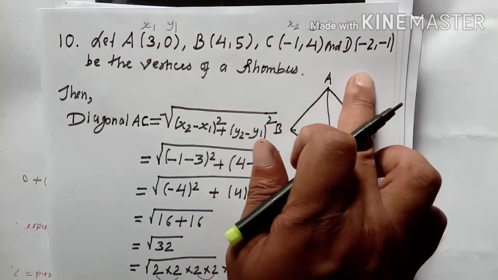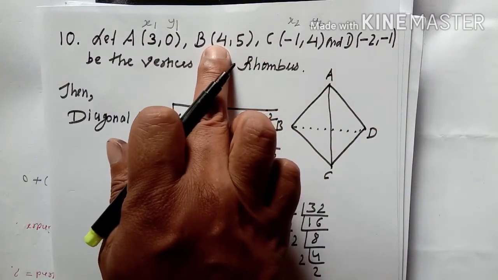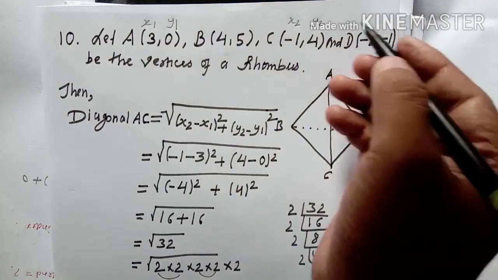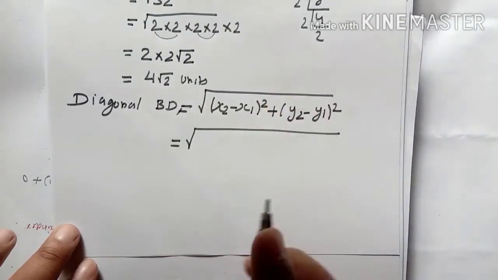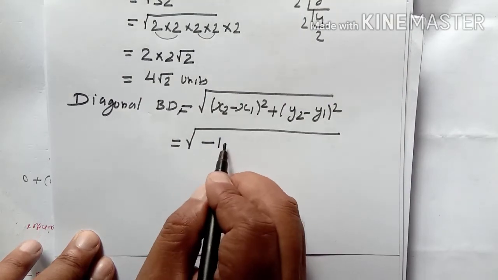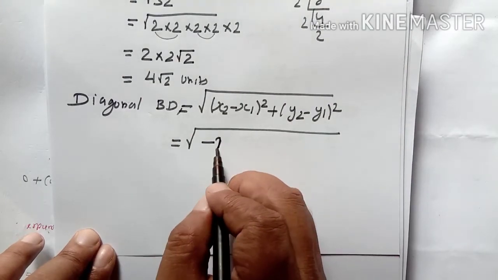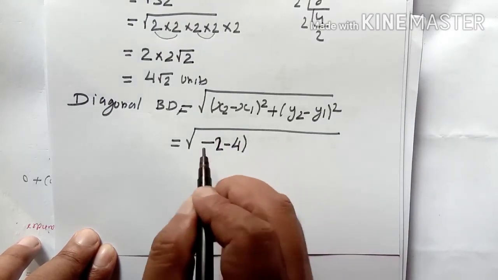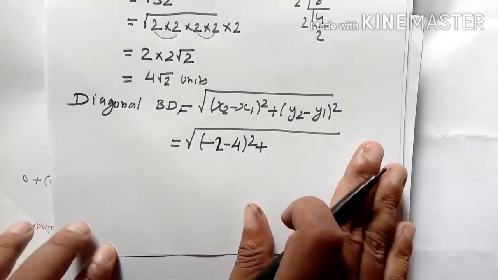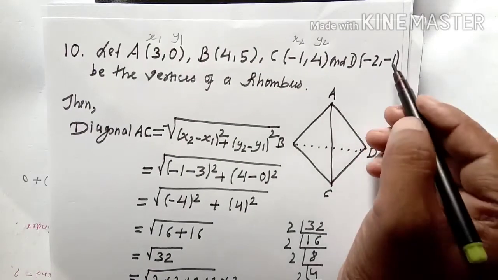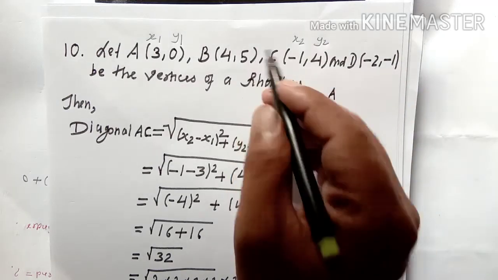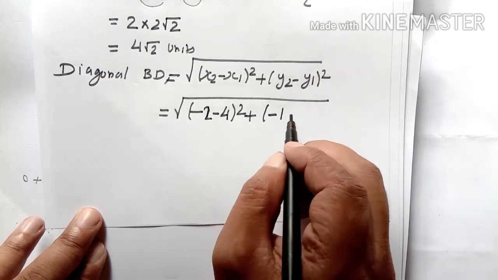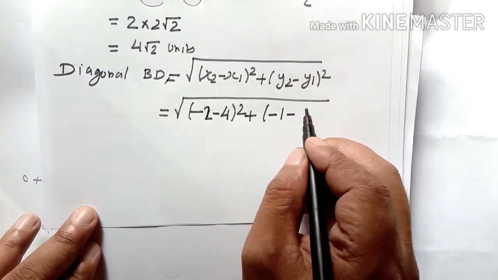For BD, this will be x1, y1 and x2, y2. So x2 is minus 2, minus x1, which is 4, the whole square, plus, for the y value, y2 is minus 1 minus y1, which is 5, the whole square.